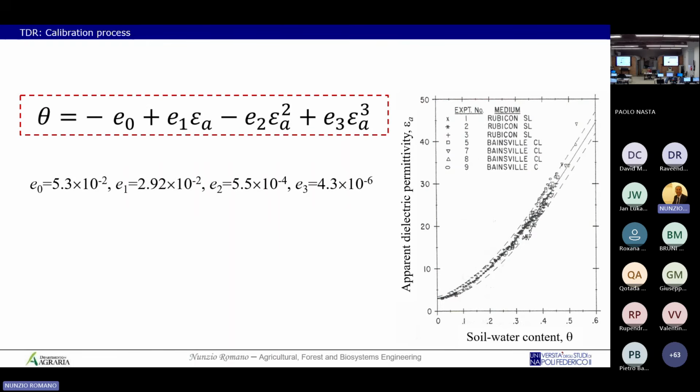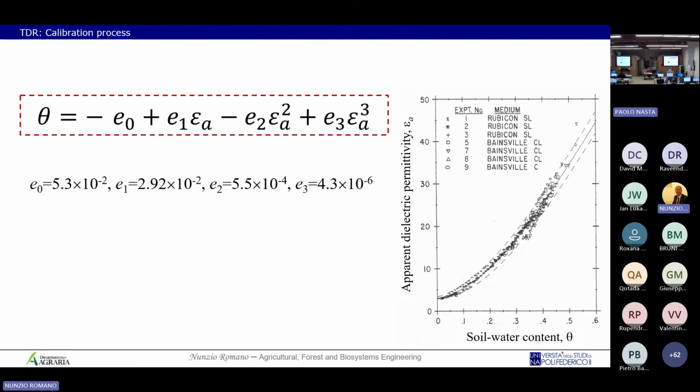But if your study area is quite large and you need to use the TDR in differently textured soils, then you have to repeat this in the different parts of your area. That's it. I don't know, Paolo, if I replied to this question.